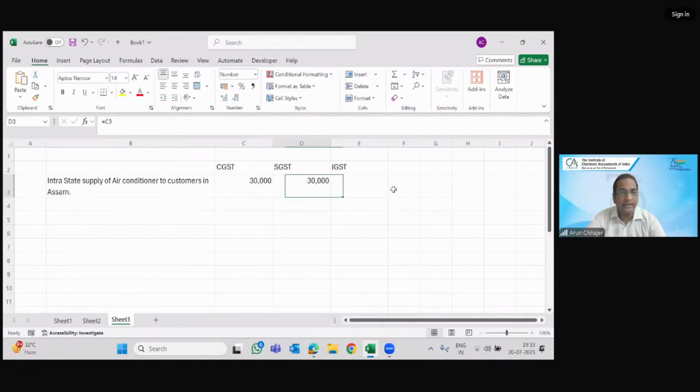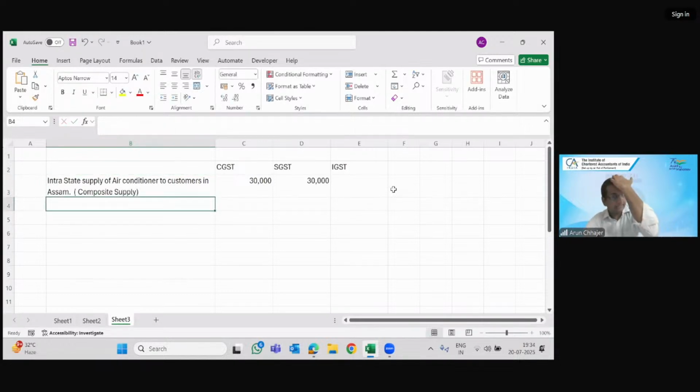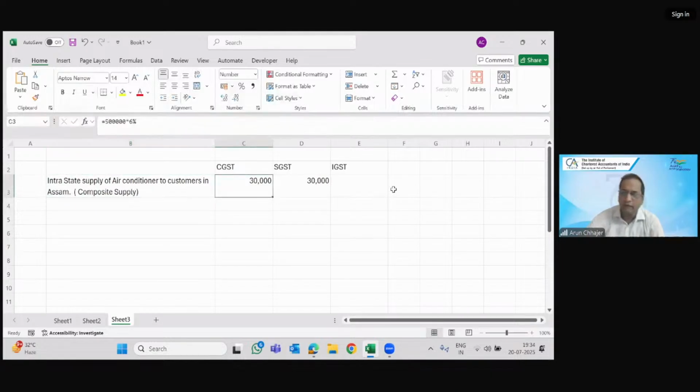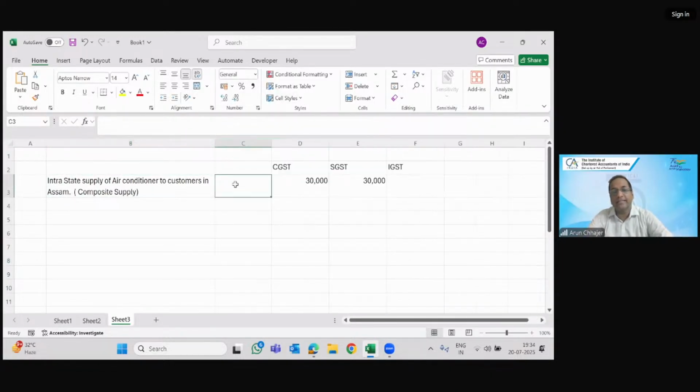This is the intrastate supply of air condition. So you can give the remarks that it is a composite supply. The reasoning would always be required: why you are charging the same rate of tax on the entire value. If you want, you can add one more column saying the total value 5 lakh. And why 5 lakh? 4 lakh plus 1 lakh.